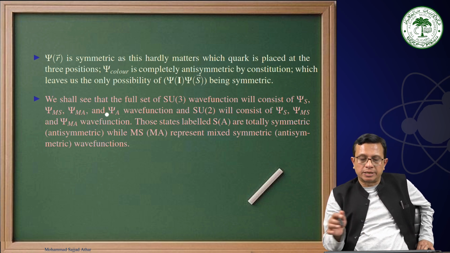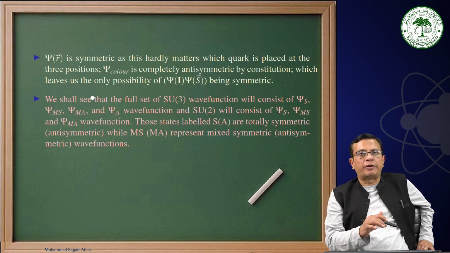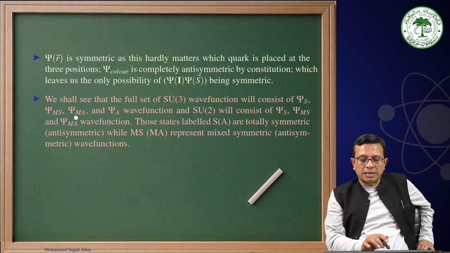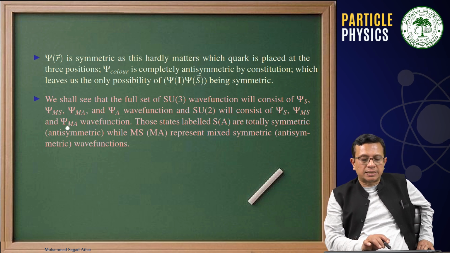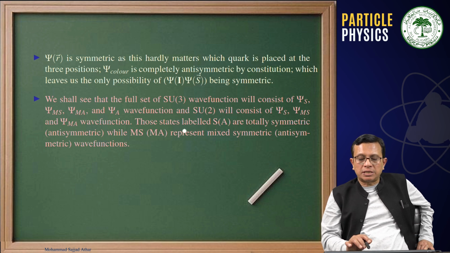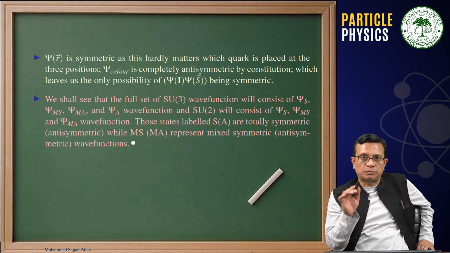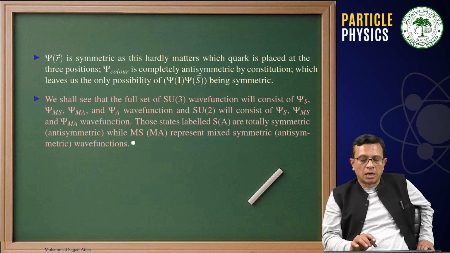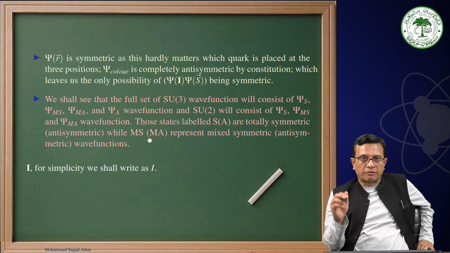I will discuss later what is meant by psi mixed symmetric and psi mixed antisymmetric wave functions, and SU2 will consist of psi s, psi ms, and psi ma wave functions. Those states labeled S are totally symmetric. Those states which we label by A are totally antisymmetric, while ms stands for mixed symmetric wave functions and ma stands for mixed antisymmetric wave functions.